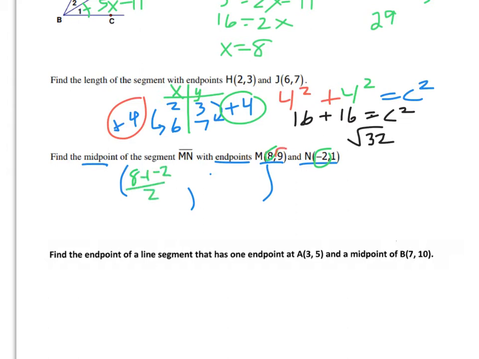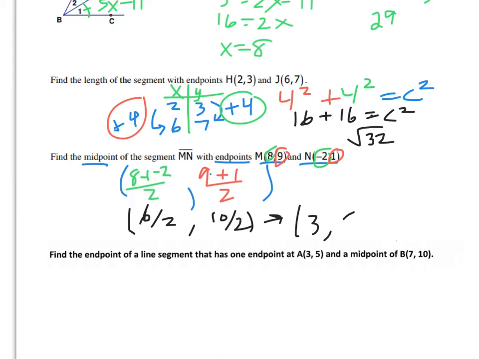And then we add the y values, 9 plus 1, and divide by 2, and just do a bunch of simplifying. So 6 over 2, and 10 over 2, so 3 and 5.